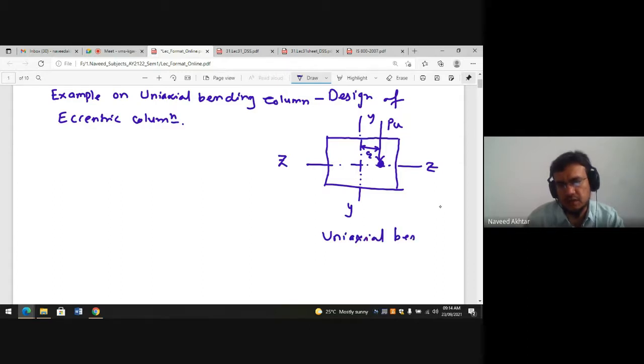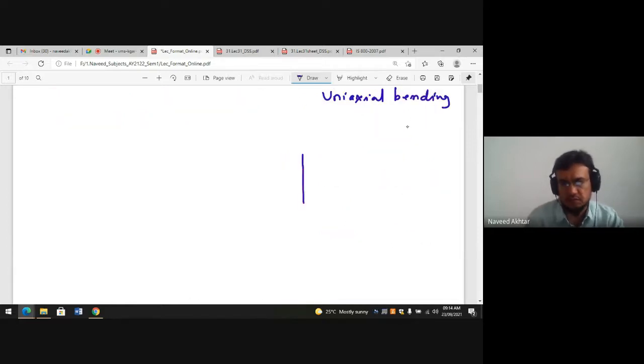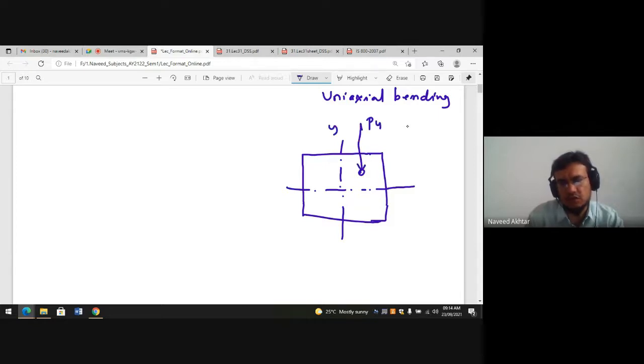And if the eccentricity is from both axes, your minor axis and your major axis, and your load is somewhere here, then you can see there is eccentricity about the z axis, the major axis, and also about the minor axis. This type of column is called biaxial bending.